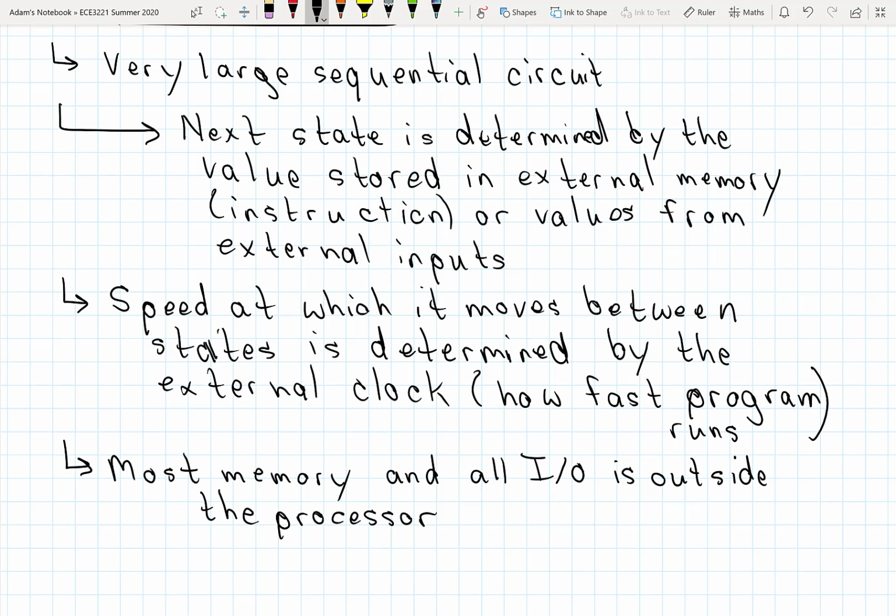And I don't want you to get confused by the microcontroller that we looked at, the PIC microcontroller that incorporated memory and I/O inside the device, but that was not inside the processor. That was inside the microcontroller, and that's what distinguishes a microprocessor from a microcontroller.